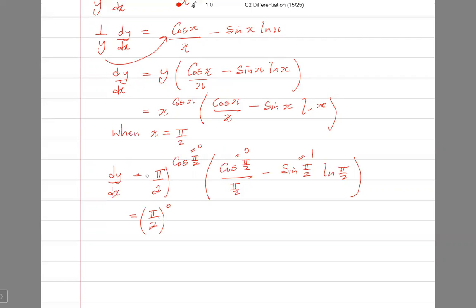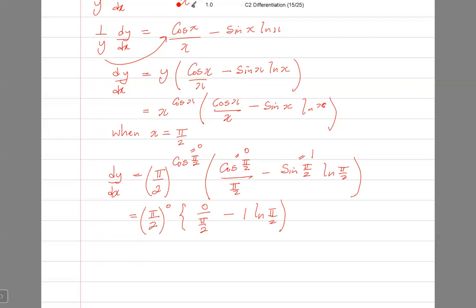Sorry, I should have put this in bracket. Pi by 2 raised to the 0 power into 0 over pi by 2, which is still 0, minus 1 times ln pi by 2.